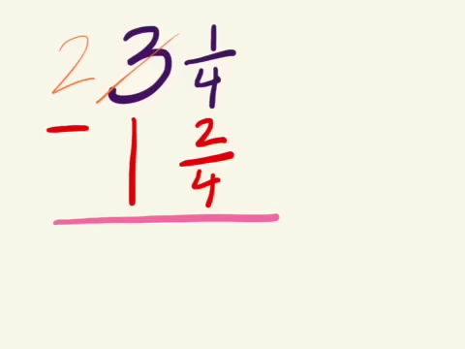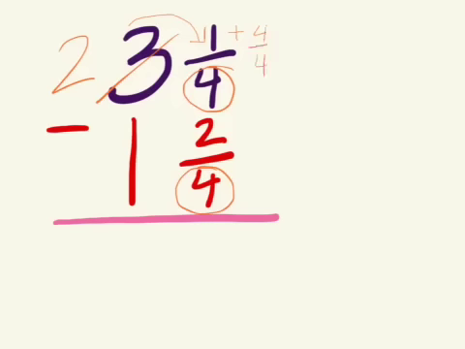So what if we took that 1 whole and we translated it into the language of fourths? In other words, if I'm taking 1 whole away from the 3, how many fourths would that be? That would be 4 fourths that I'm taking over. So I'm adding 4 fourths.